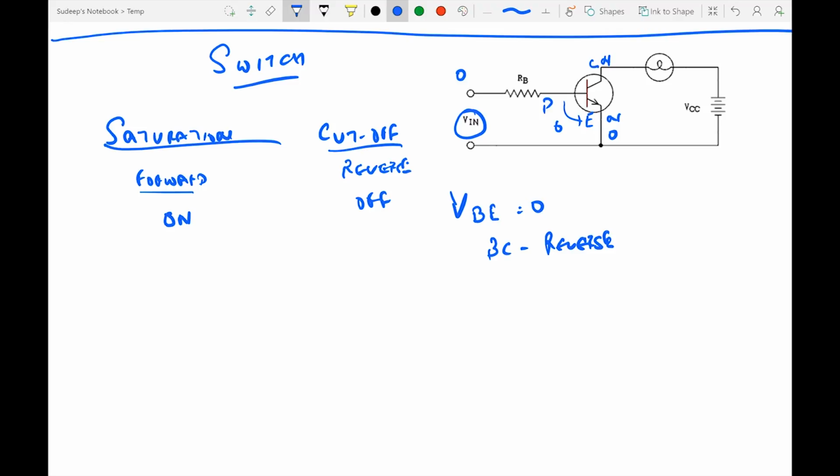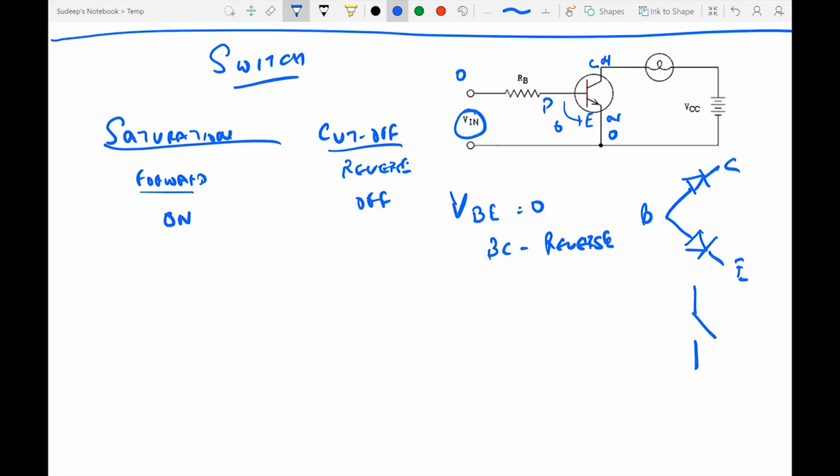Because the two diodes, the base collector diode and the base emitter diode, are both reverse biased, there would be no flow of current. So this is acting equivalent to an open switch. That's what we said is the cutoff region.